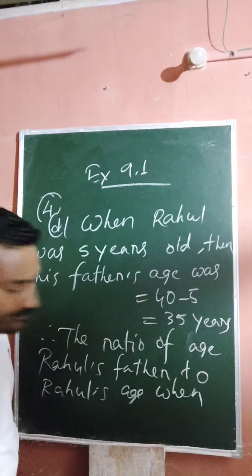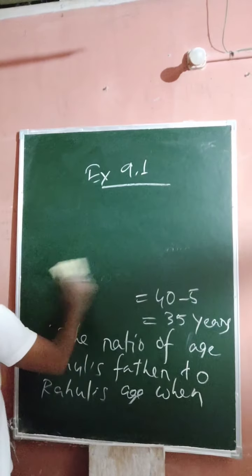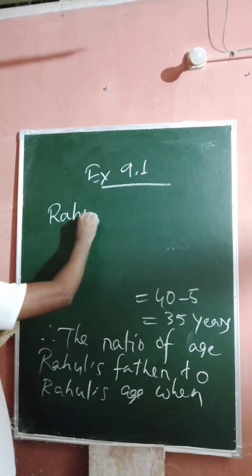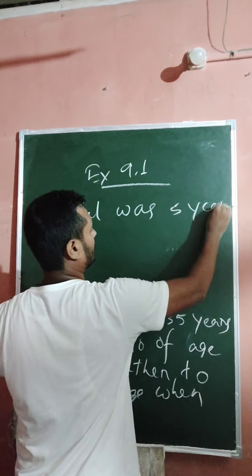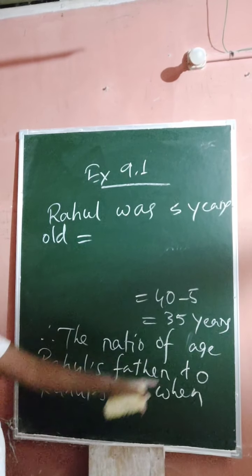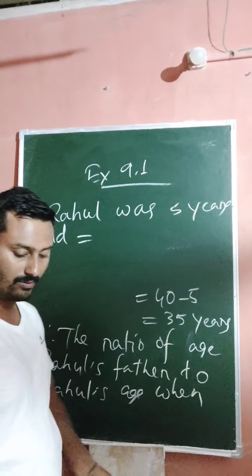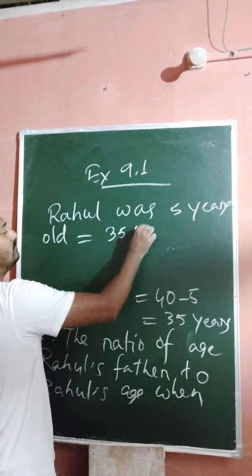Just write the given line of the question. So the ratio of the age of Rahul's father when Rahul was 5 years old. Now this one is 35, so 35:5.